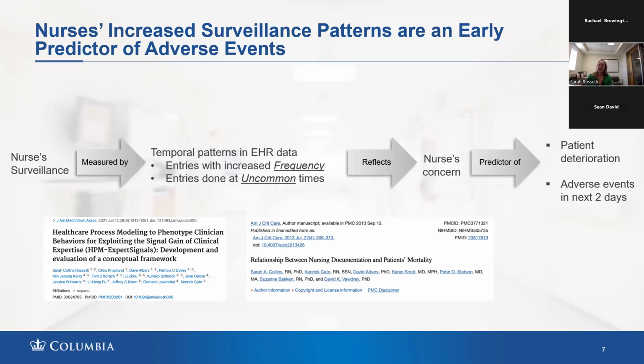And so what we have found is that when we look at the temporal patterns in EHR data, specifically entries with increased frequency of documentation and entries done at uncommon times, that reflects a nurse's concern about a patient in the hospital setting, concern for deterioration, such as sepsis, cardiac arrest, mortality, or need for a rapid response or a transfer to the ICU. And so when we've actually modeled this as a predictor, we've been able to predict patient deterioration and adverse events in the next 2 days.